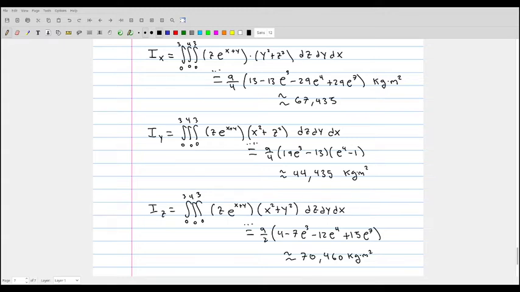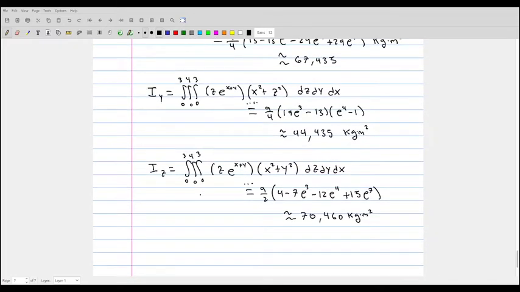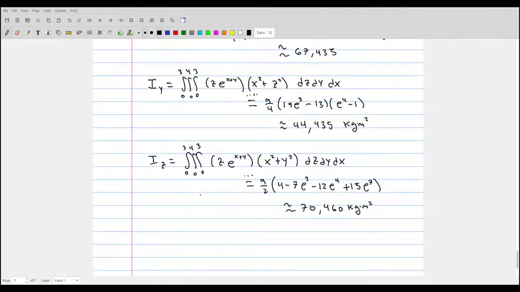So the idea here is that this tells us a good amount of information, though, with these values. We basically have that rotating this object about the z-axis will provide the most resistance for us.